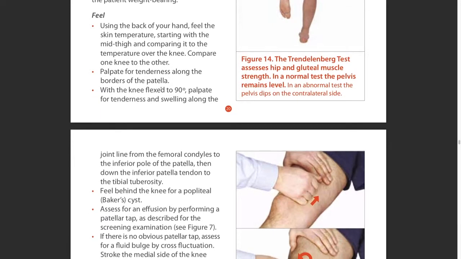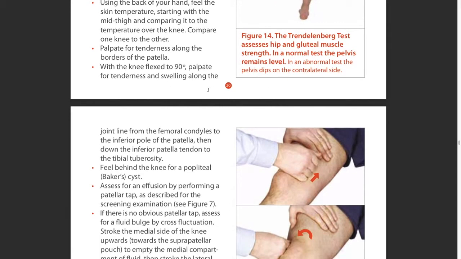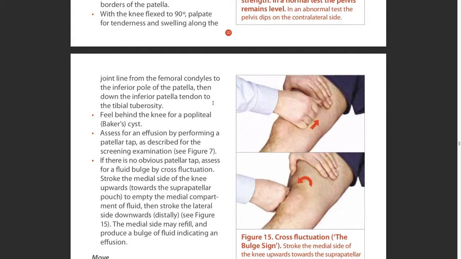So temperature, then palpate for tenderness along the borders of the patella, so around the borders of the patella like this. And then with the knee flexed to 90 degrees, palpate for tenderness and swelling along the joint line from the femoral condyles. So you ask them to bend the knees to 90 degrees, and then you palpate the joint line and down around the patella and down the tibial tuberosity.